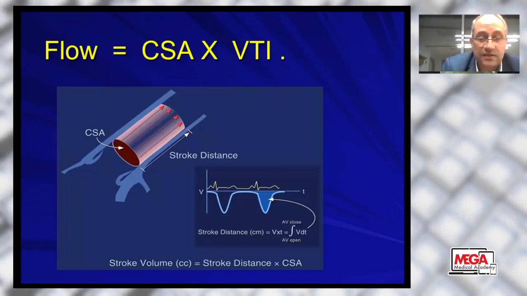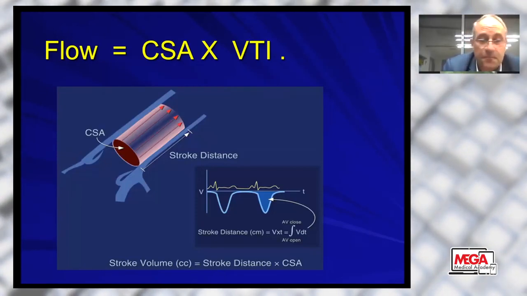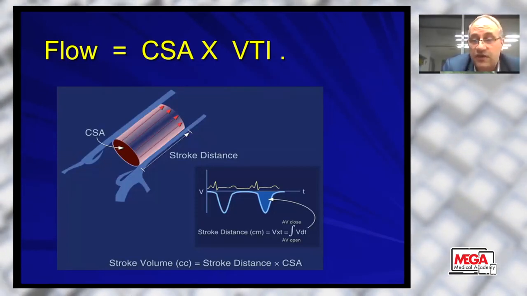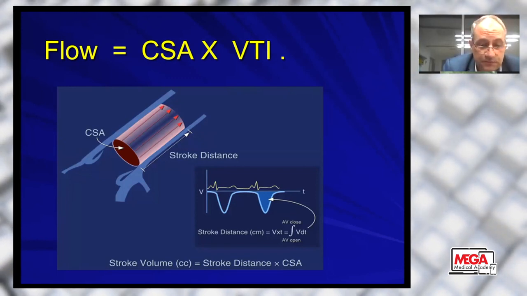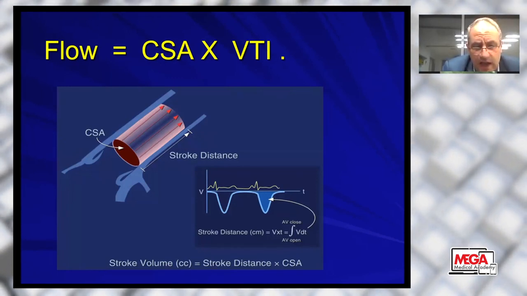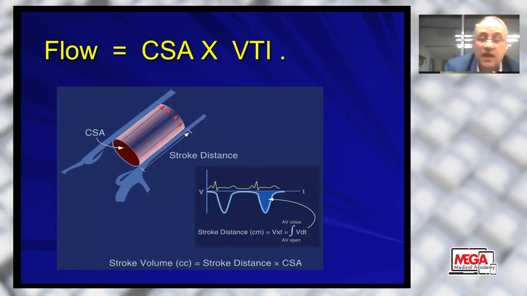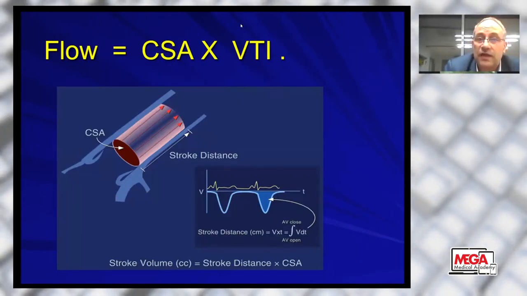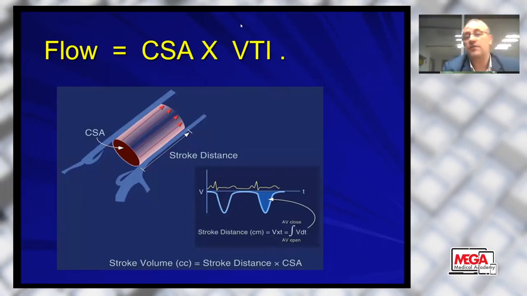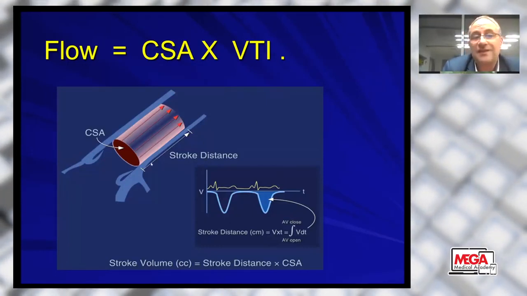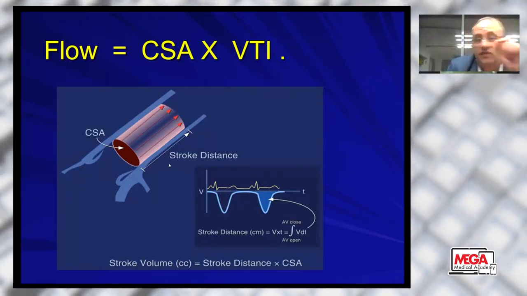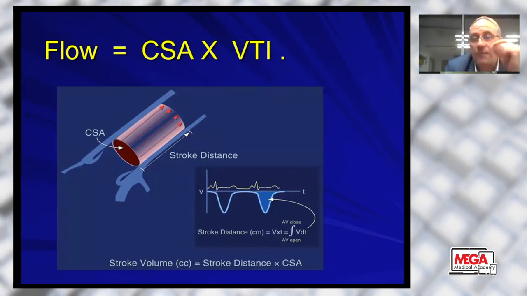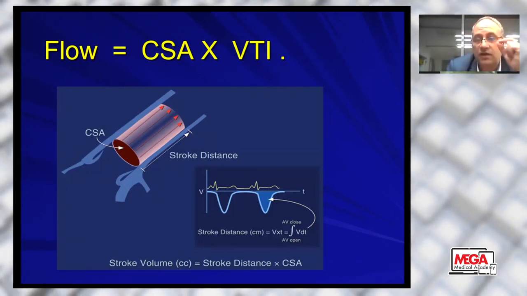But this is nice, but it's not suitable for the human body, because blood velocity during the cardiac cycle is not uniform. It starts slow, increases to a peak, and then decreases. So velocity inside the human body is replaced by what we call the VTI, the velocity time integral. We call it the stroke distance. The definition is the average distance a blood cell is ejected during one cardiac cycle.